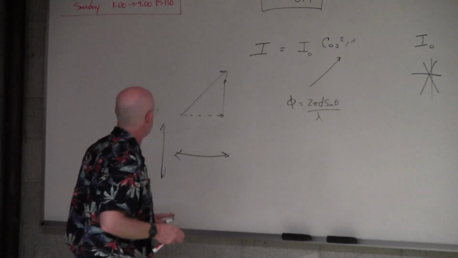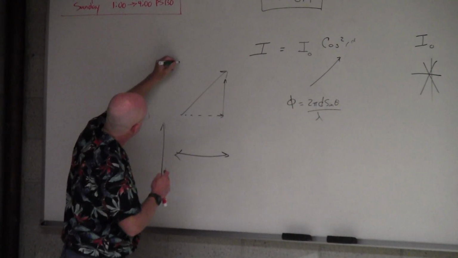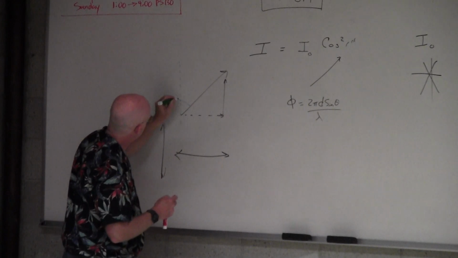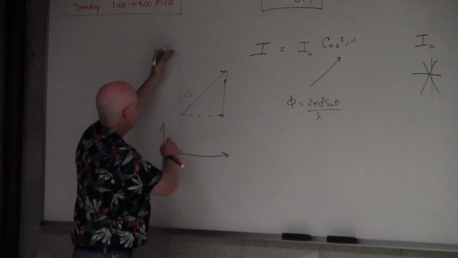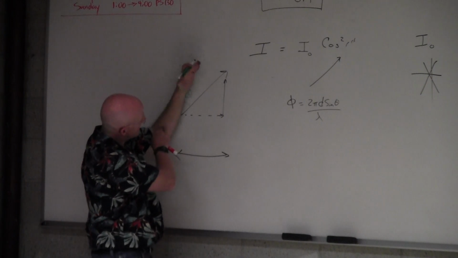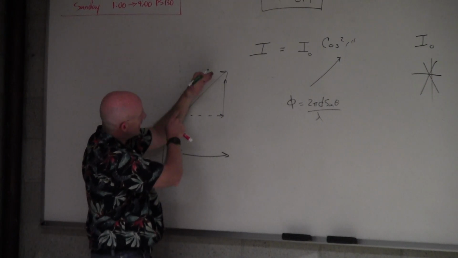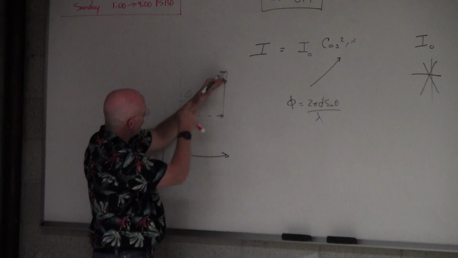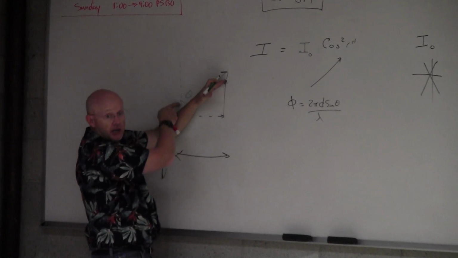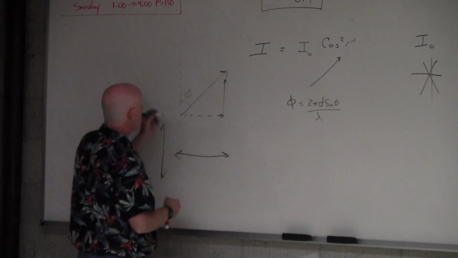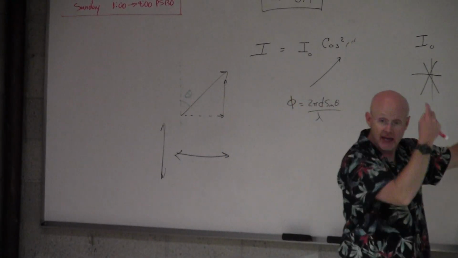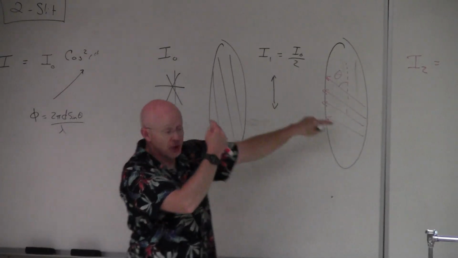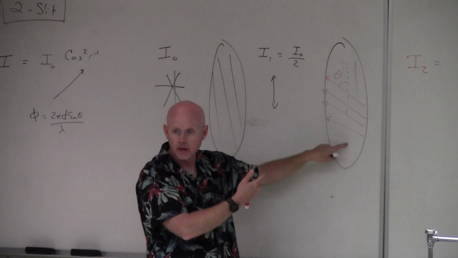Well, if the original one polarized it in a vertical direction, and then I rotate the second one, the part that gets through would be the cosine of that piece. So the electric field would be, how much electric field do I get here times cosine of that angle? Now one more step.